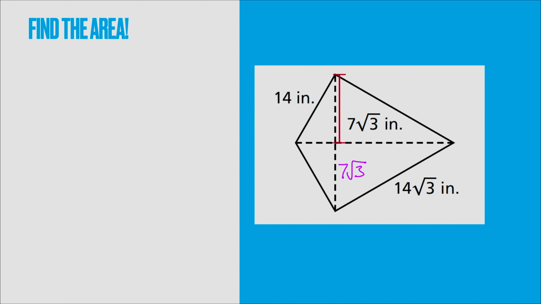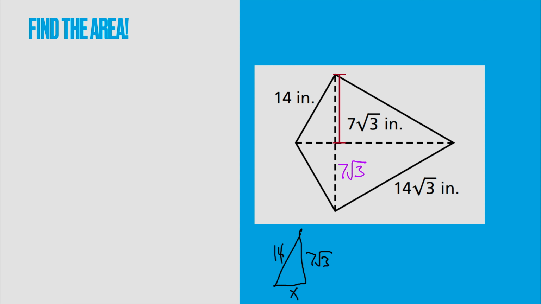To do that, I want to redraw this to give you an idea. So I'm going to show you that this is 14, this is x, and this is 7 square roots of 3. Now, we could do the Pythagorean theorem: 14 squared equals 7 square roots of 3 squared plus x squared, but I'm not going to do that, because I recognize what this is.